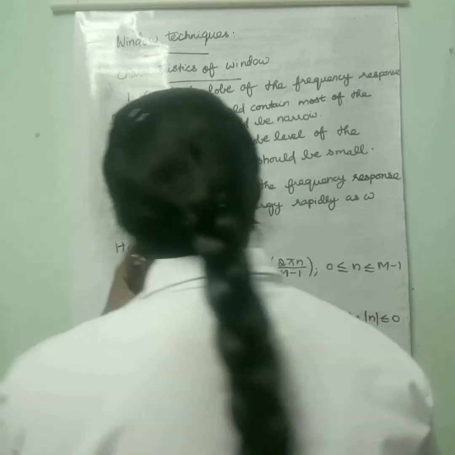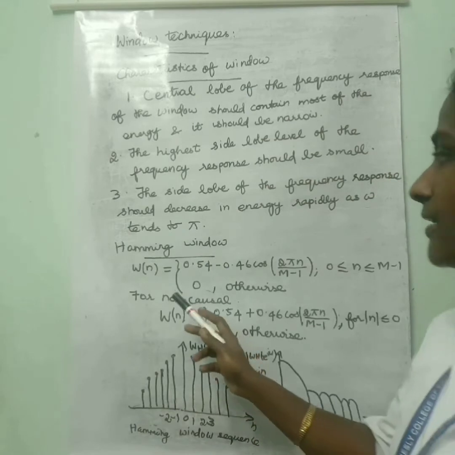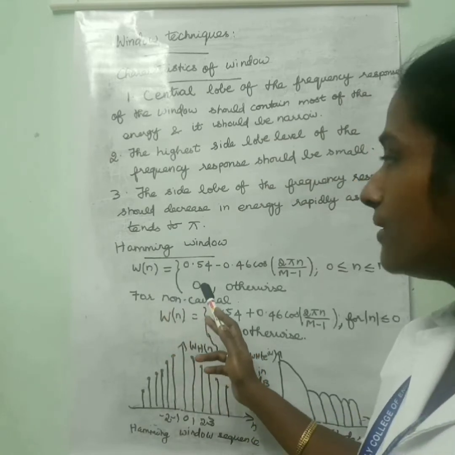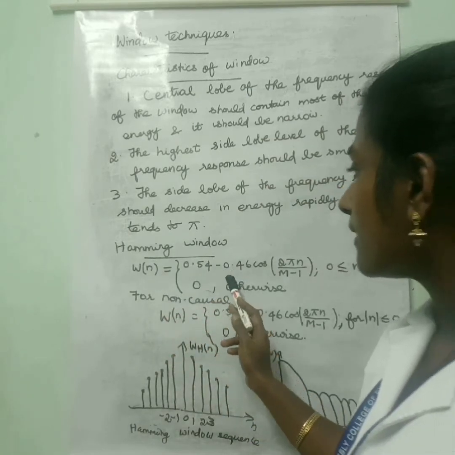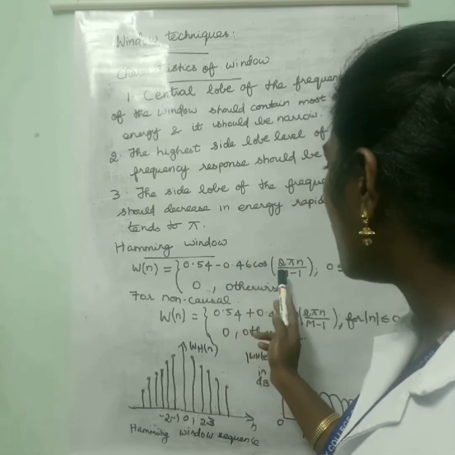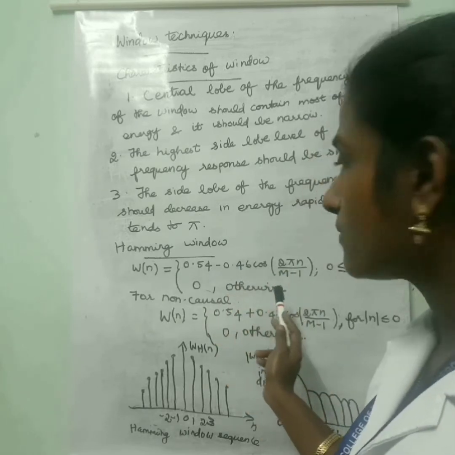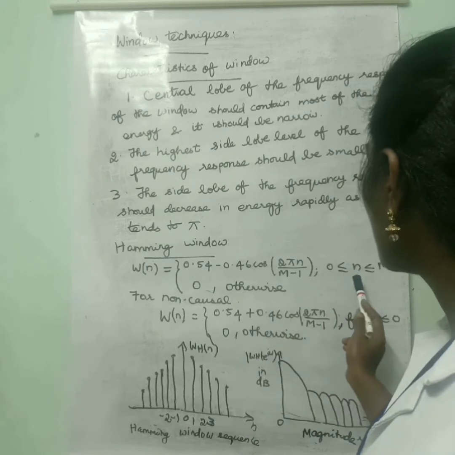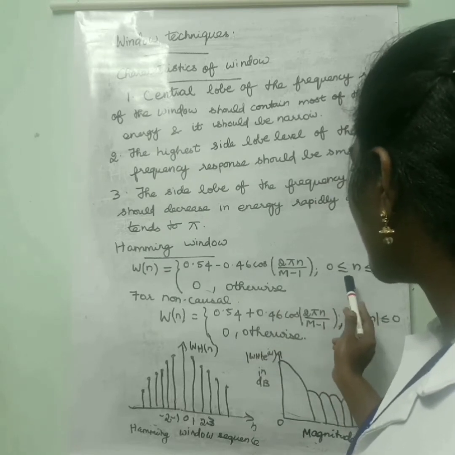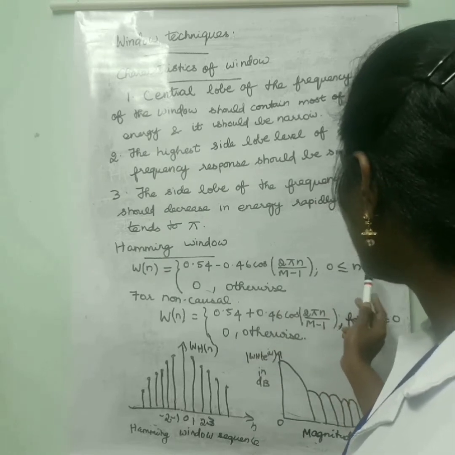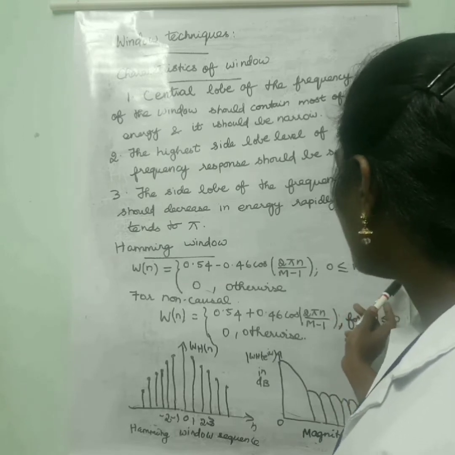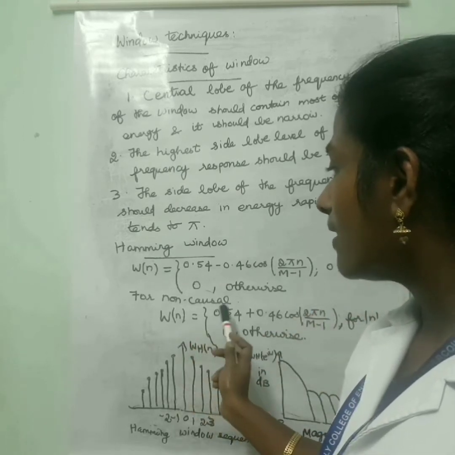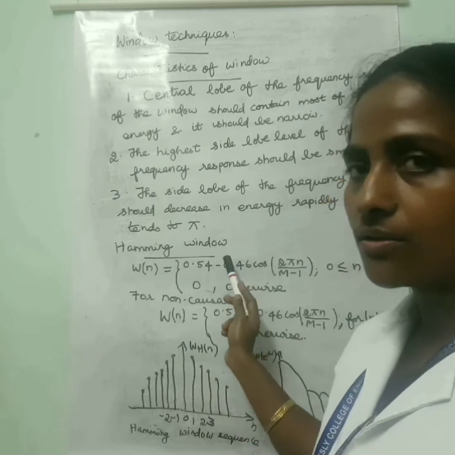Hamming window, we have function w(n) equal to 0.54 minus 0.46 cos(2 pi n divided by M minus 1), where the limit is 0 less than or equal to n less than or equal to M minus 1. This is for causal filter.